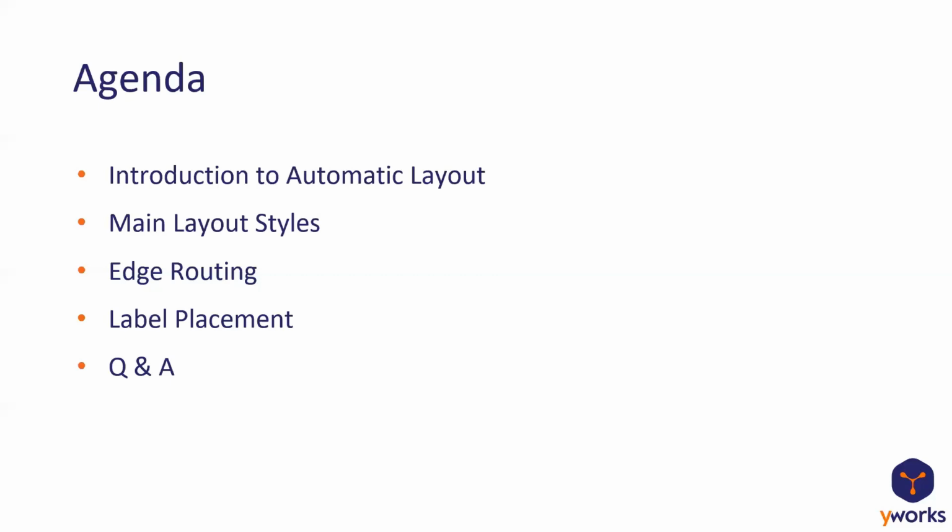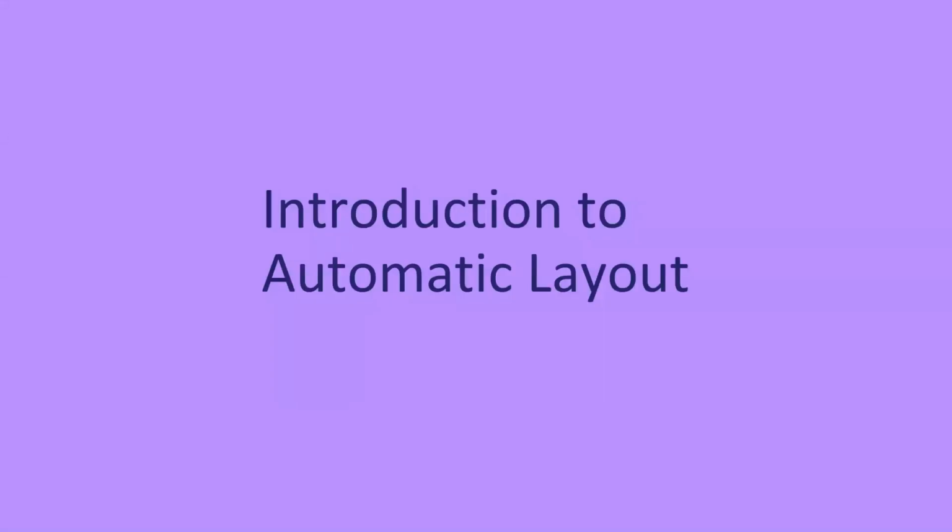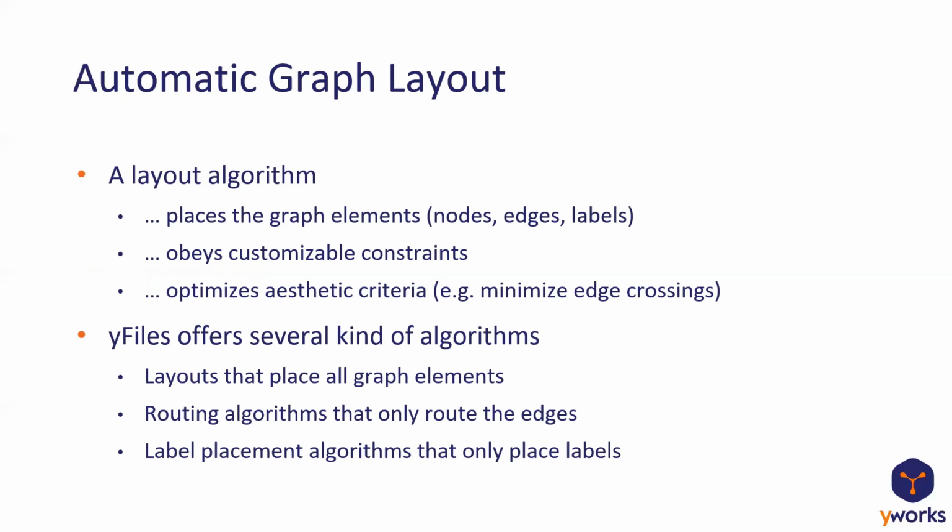Okay, well then, let's start with an introduction to automatic layout. I'll try to define what automatic graph layout means. So an automatic layout algorithm places graph elements, and by graph elements we understand nodes, the main elements, and then the edges which connect the nodes, and also labels that belong to nodes and edges.